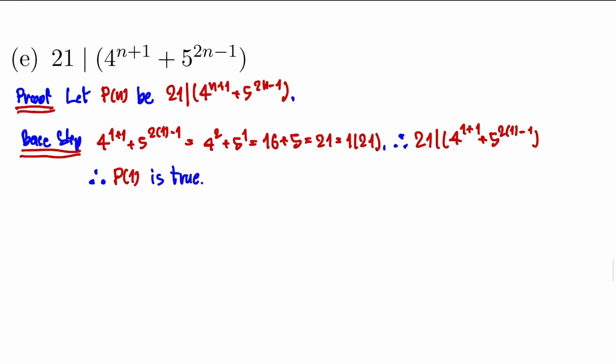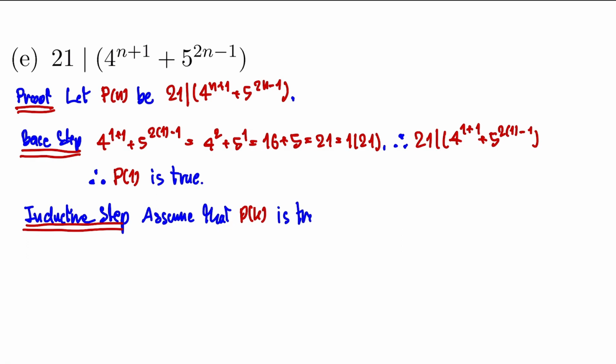The next thing that I'm going to do is the inductive step. What is the inductive step? For the inductive step, we have to assume that P(k) is true for any positive integer k.